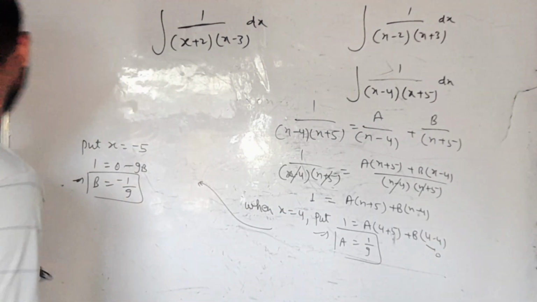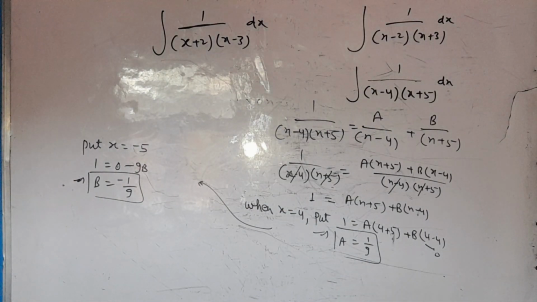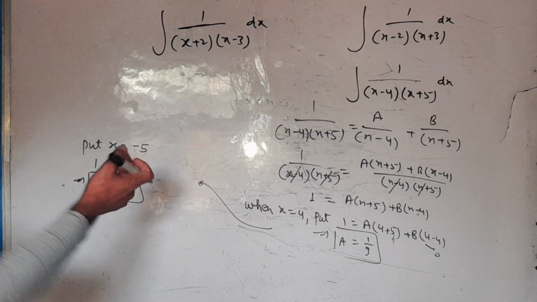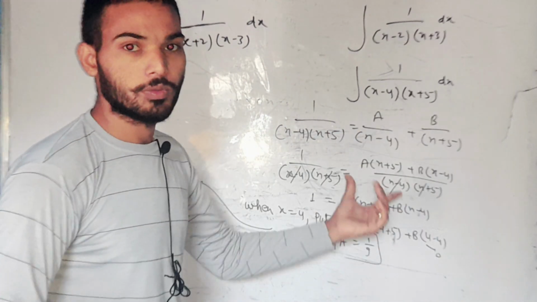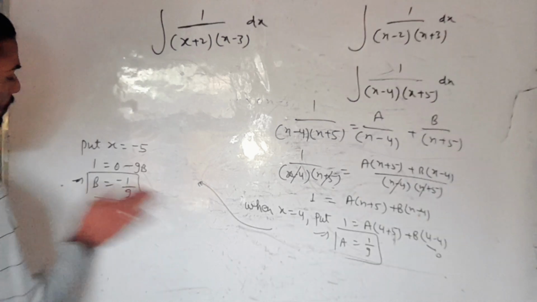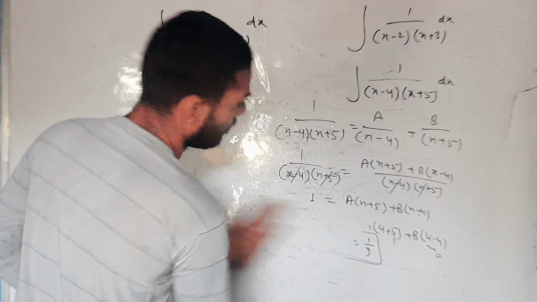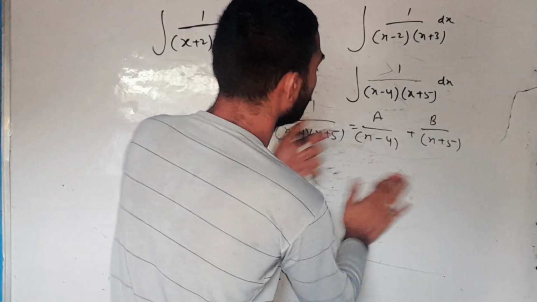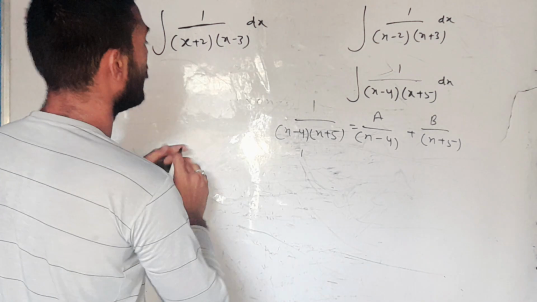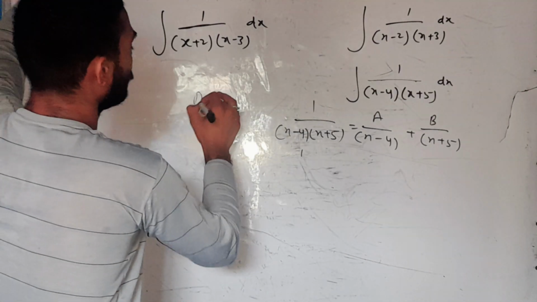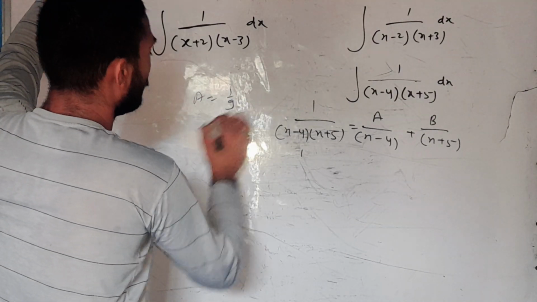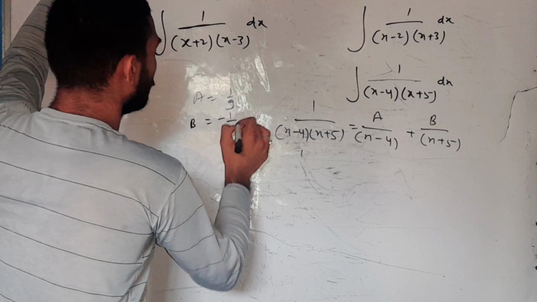Let's put these values of A and B in this function. A equals 1 by 9 and B equals minus 1 by 9.